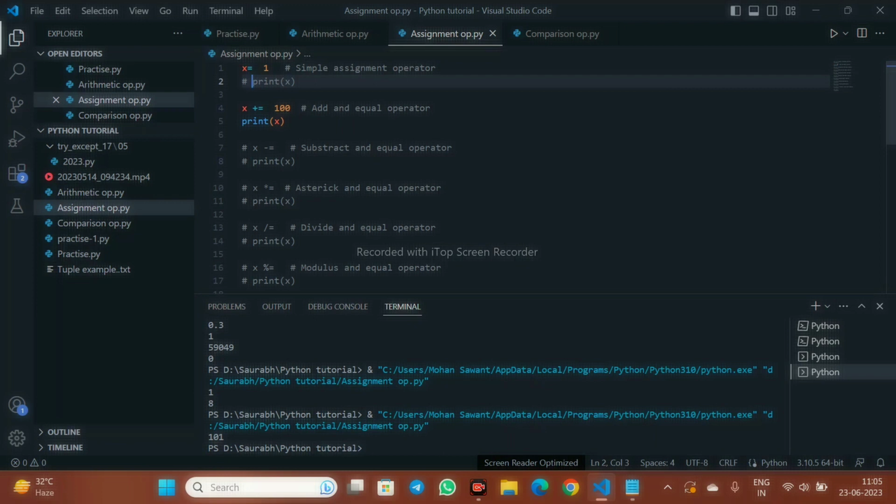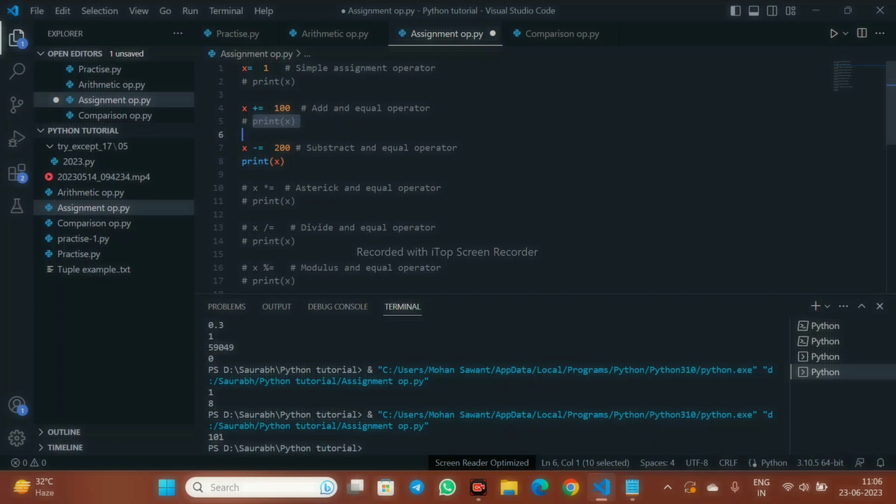Now our next operator is the subtract-and-equal operator in assignment. So for that I will add here again 200. Now I will run the file.